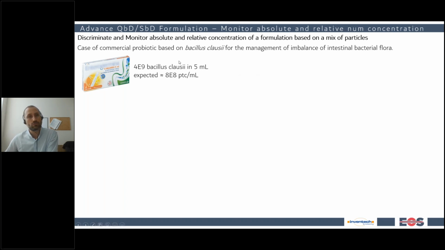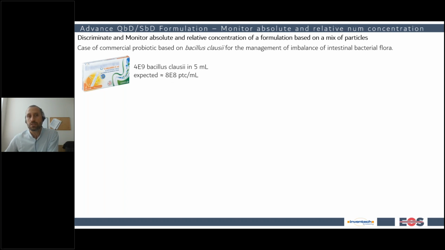They declare that you have to find in suspension 4 to the 9 spores in the 5 ml. So an expected final numerical concentration of 8 to the 8 particles per milliliter.